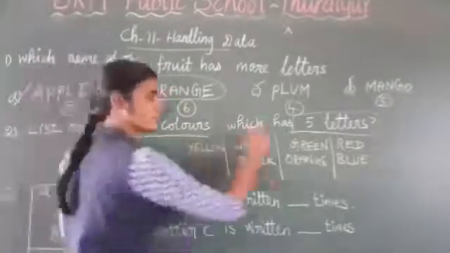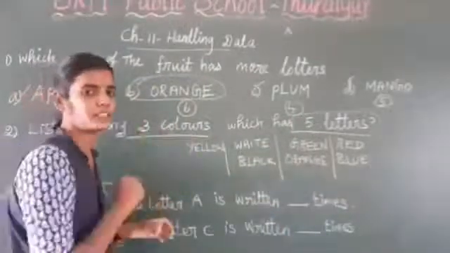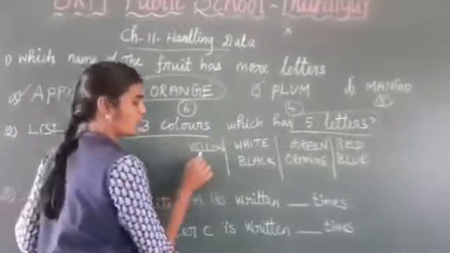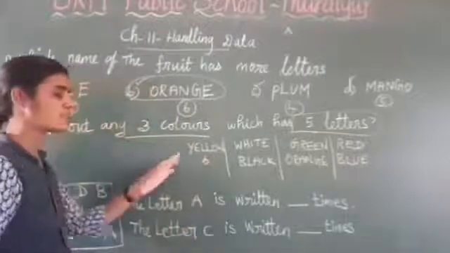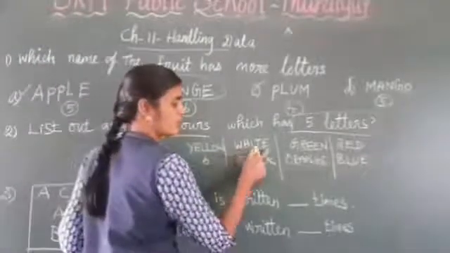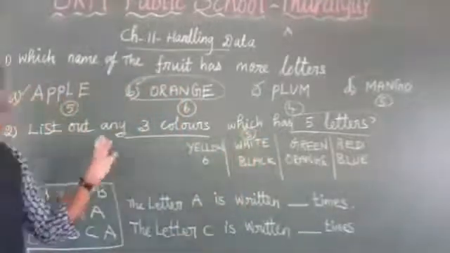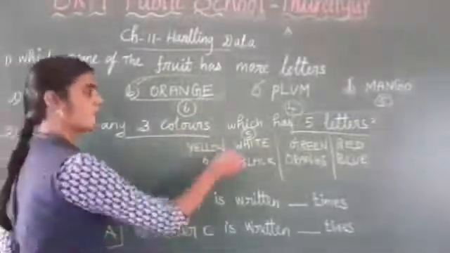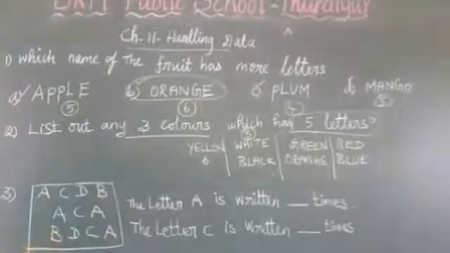Okay. In this, which color names have only 5 letters? See yellow, Y-E-L-L-O-W, 6 letters. White, 1, 2, 3, 4, 5. This is a 5 letter word. What is the question? List out any 3 colors which have 5 letters. That means white is one of the answers. So we write white first.